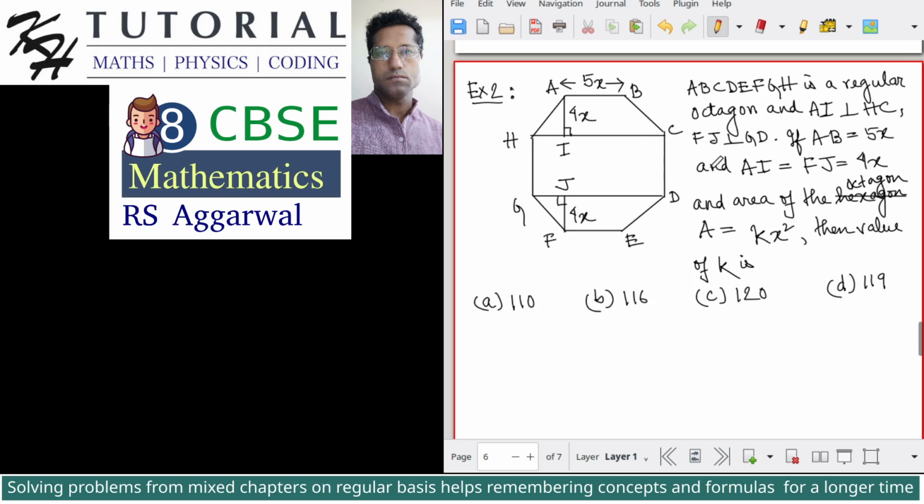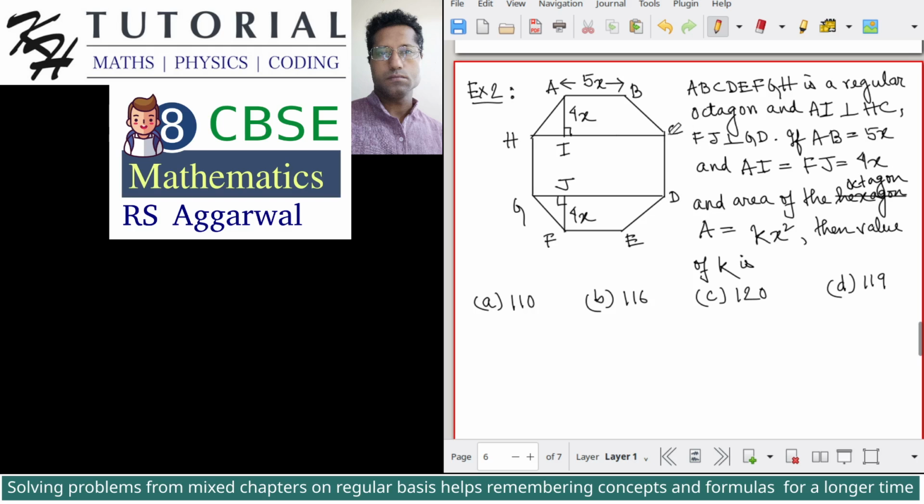Now, since AI is perpendicular to HC, AI will be the altitude or height of the trapezium. Since AI is equal to FJ, we can also see that HCDJ will be a rectangle.